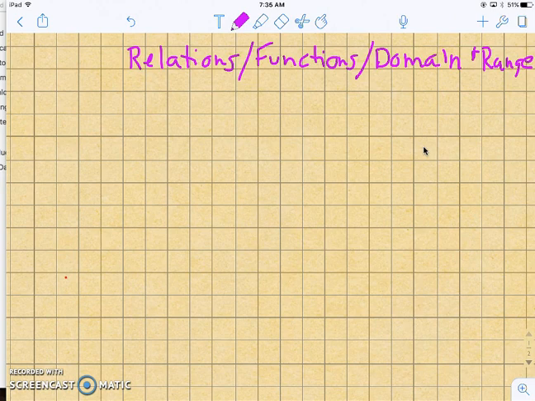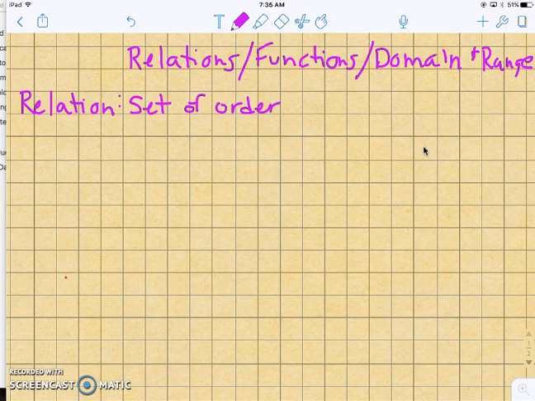So first thing we're going to talk about is a relation. What exactly is a relation? A relation is a set of ordered pairs. And we could be talking about any sort of input and output.